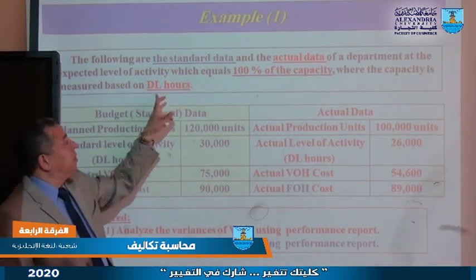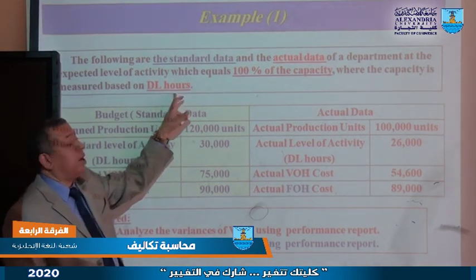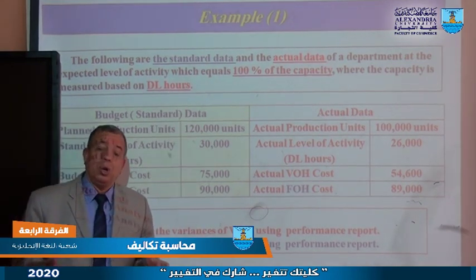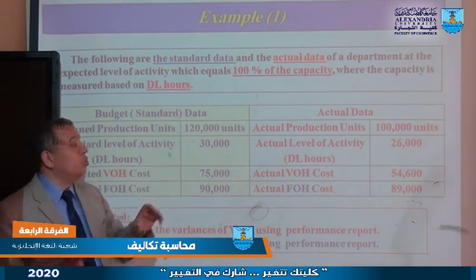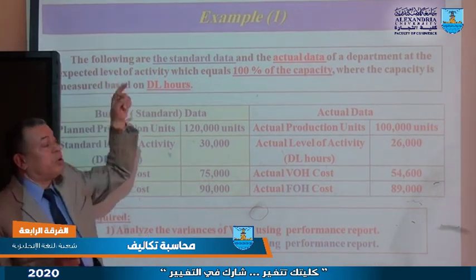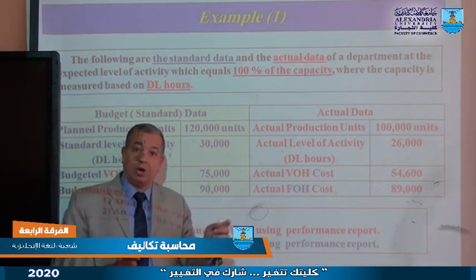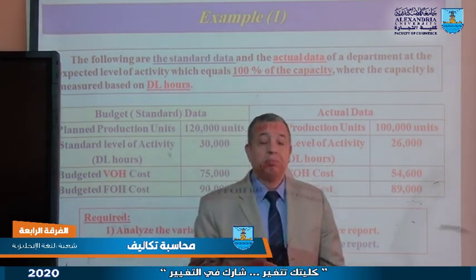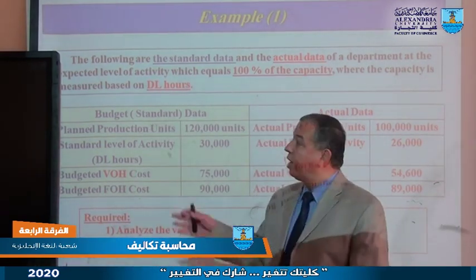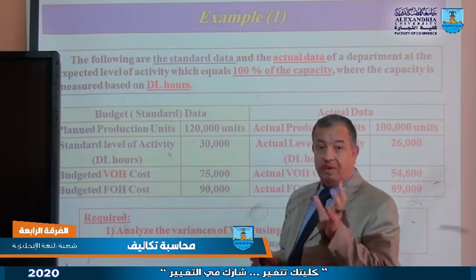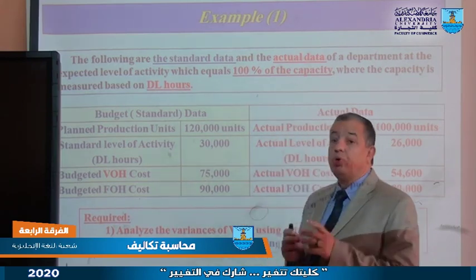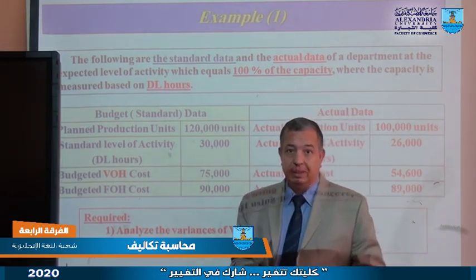If I use direct labor hours, I can use the standard hours allowed when I calculate the variances of direct labor, and again when I calculate the variances related to manufacturing overhead.